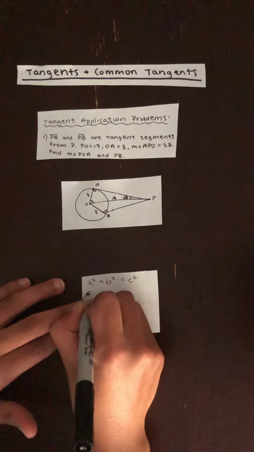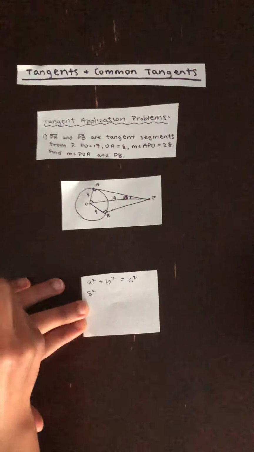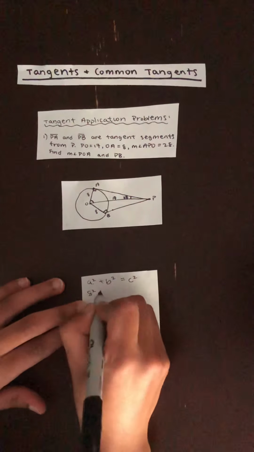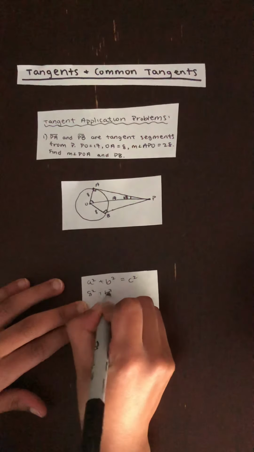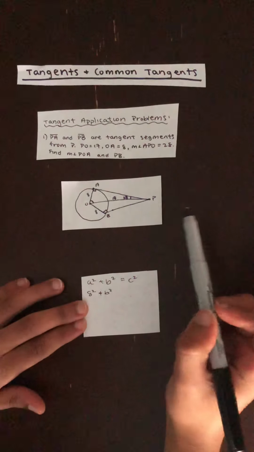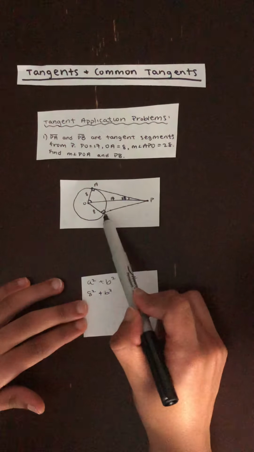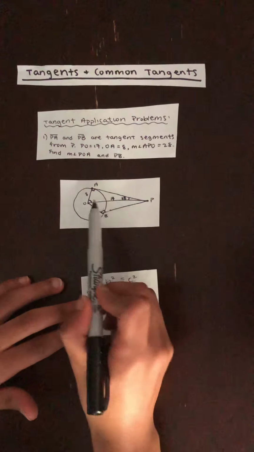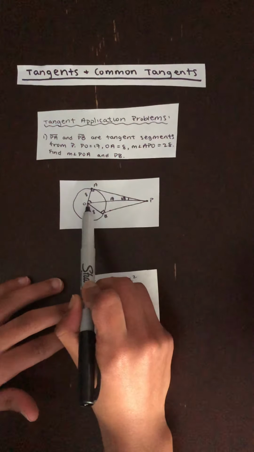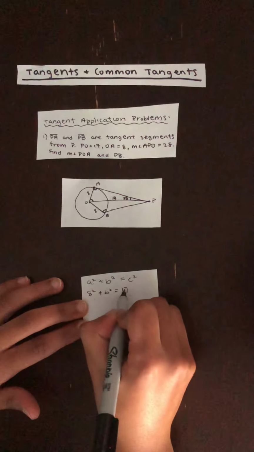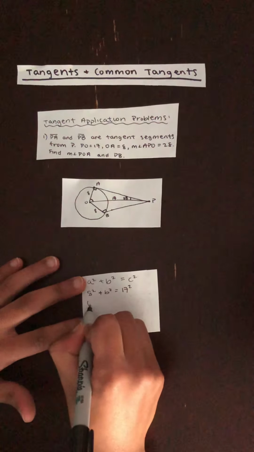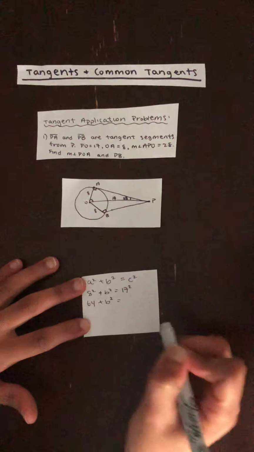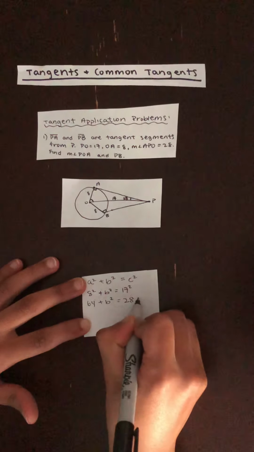So a squared is 8 squared, because that's segment OA, plus b squared, which is what we're trying to find, tangent PB, which is equal to 17 squared, because that's PO. 8 squared is equal to 64 plus b squared, and 17 squared is equal to 289.